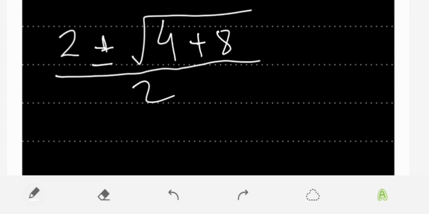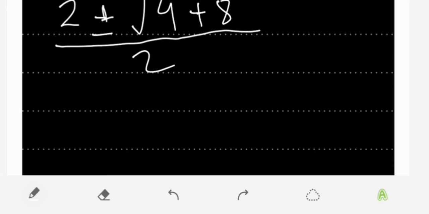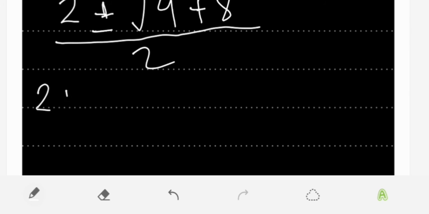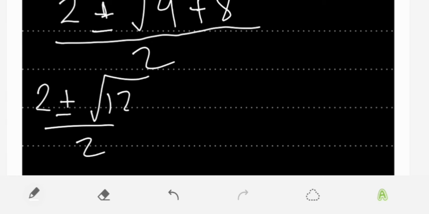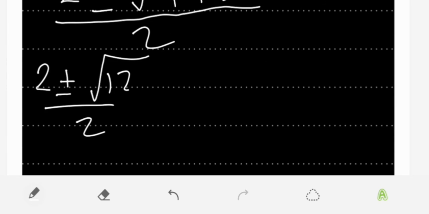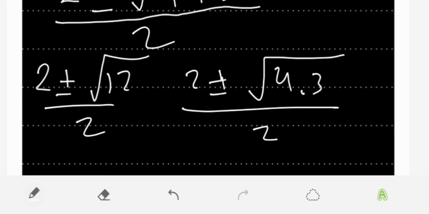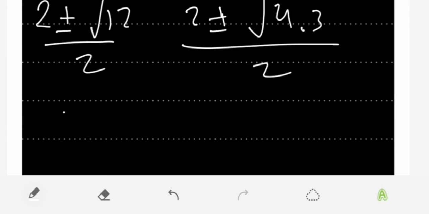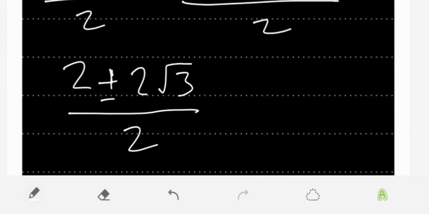So let's find the solutions for b. 2 plus or minus 8 plus 4 is 12, divide by 2. Now 2 plus or minus 12 is what? Is 4 multiplied by 3, divided by 2. So we'll have the 2 plus or minus the 4, we can take the square root of it. So 2 square root of 3 divided by 2.